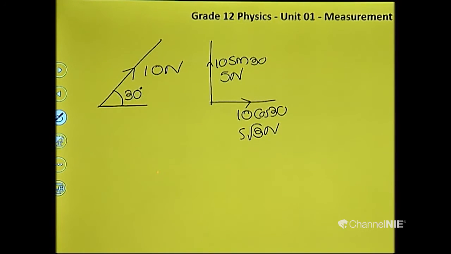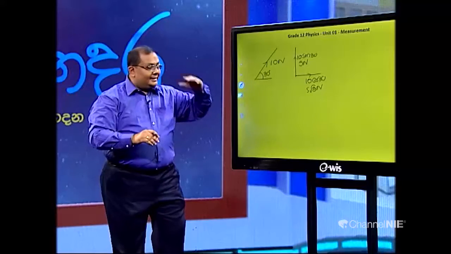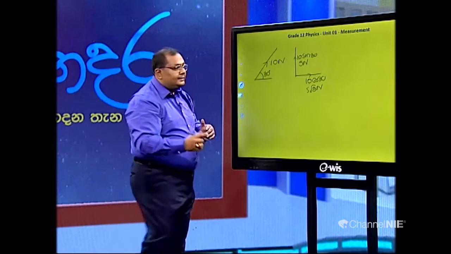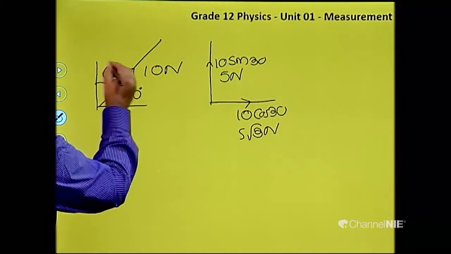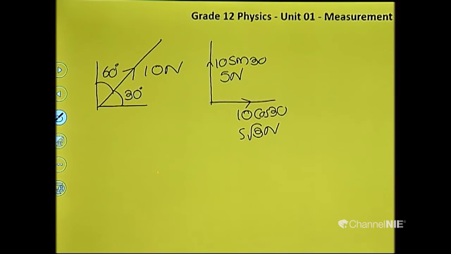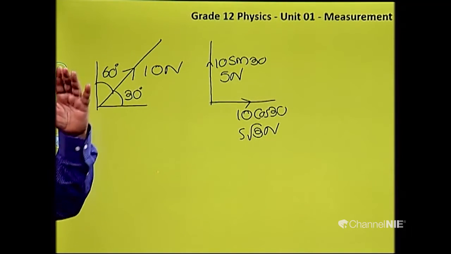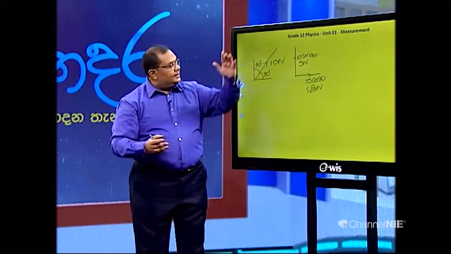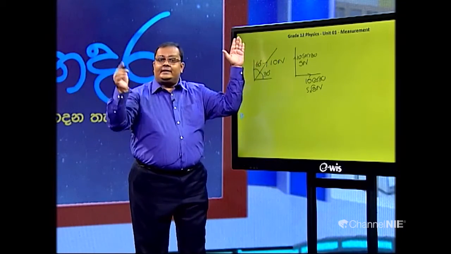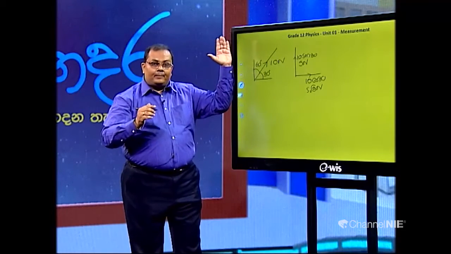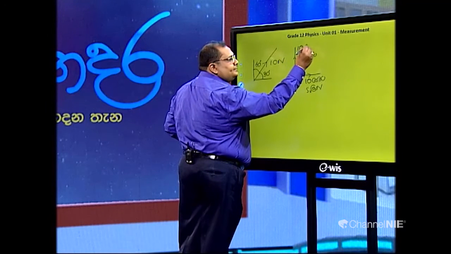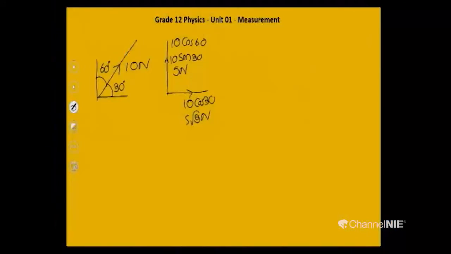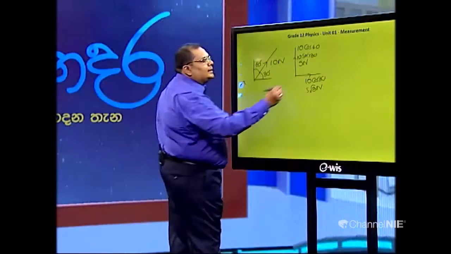Sometimes angle can be given on the other side. You are given not 30, you are given 60. Now how do you resolve? Again same principle, I told you in the direction of the angle cos: 10 cos 60 is the vertical one, another one 10 sin 60, horizontal component.